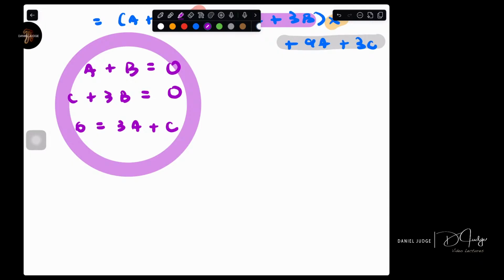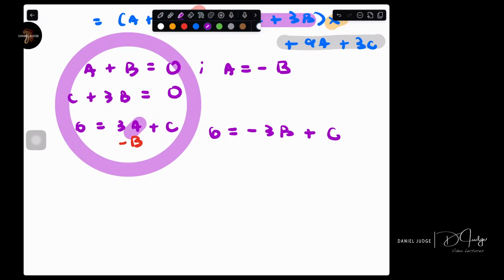All right. The first equation, we can say this means a is the same as minus b. So this is from the first equation, solving for a. I can plug this in the third equation. A is minus b. I can put a negative b here. So that means I have 6 equal to negative 3b plus c.